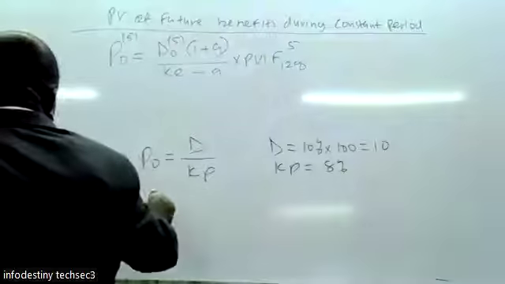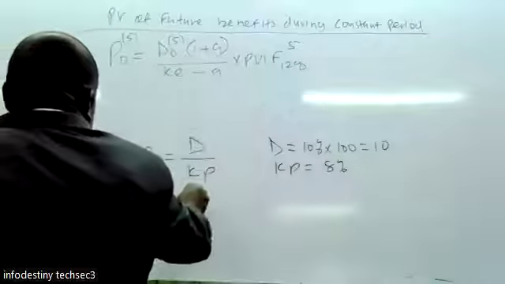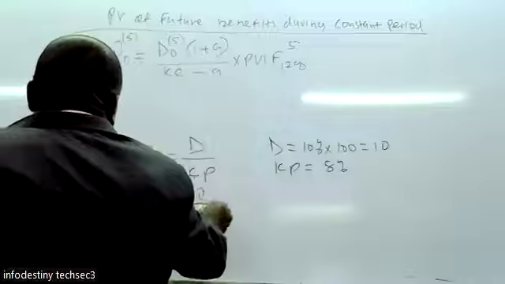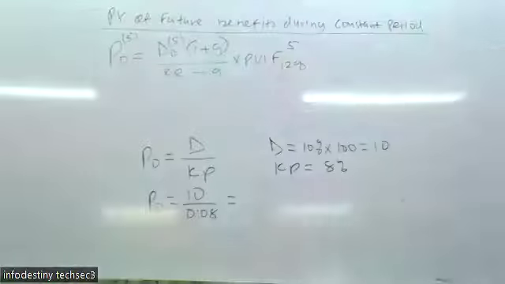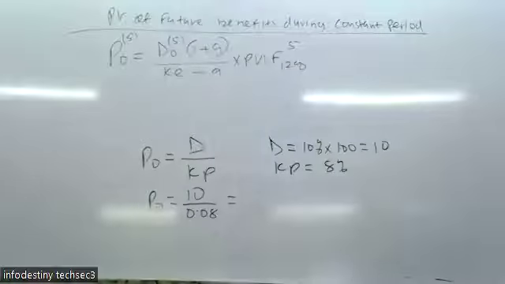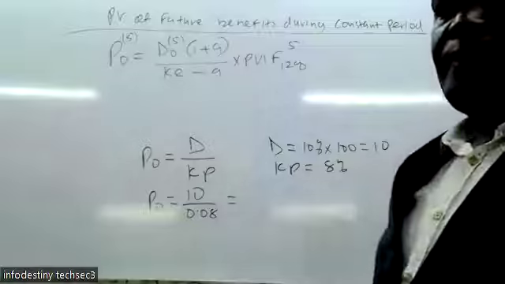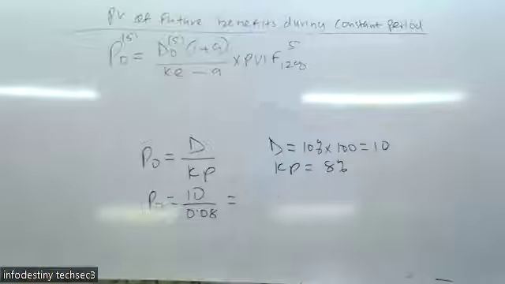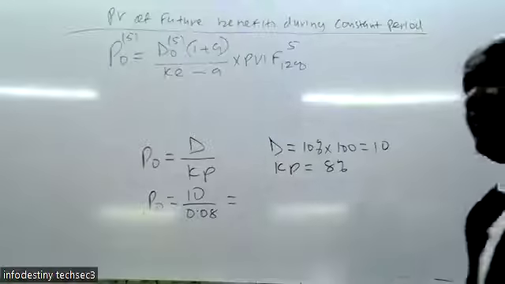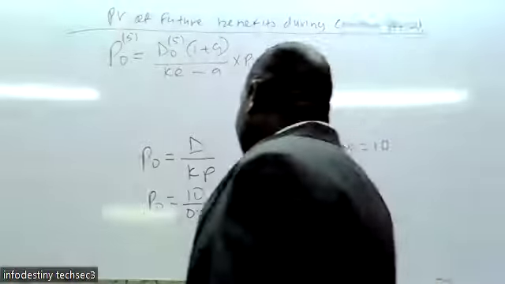So now from there, your P0: D is 10, KP is 0.08. So you get the price of the share, which is 125.